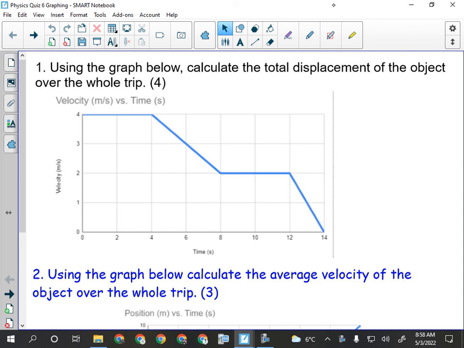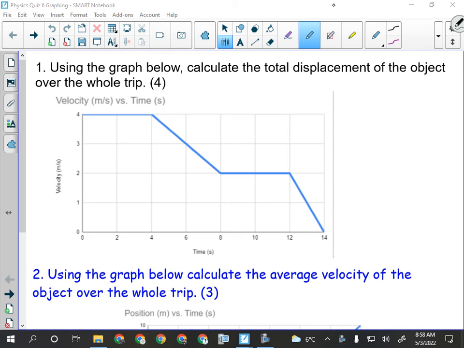So, for this first graph, we've got a velocity versus time graph, which is what we were going over on Friday. And we learned that on a velocity versus time graph, obviously you can read velocity at various points in time. And from that, we can calculate things like acceleration. If we know the initial velocity, the final velocity, and the time, we can calculate acceleration.